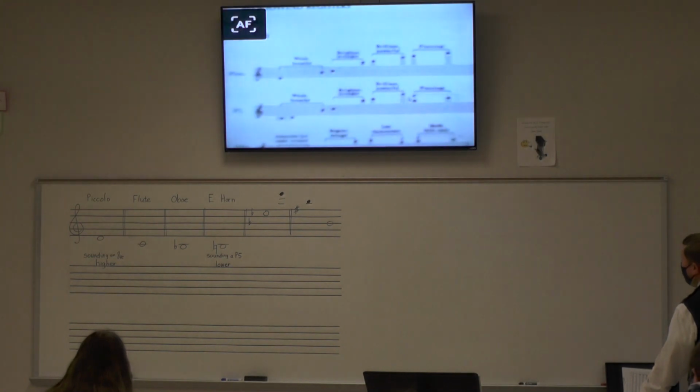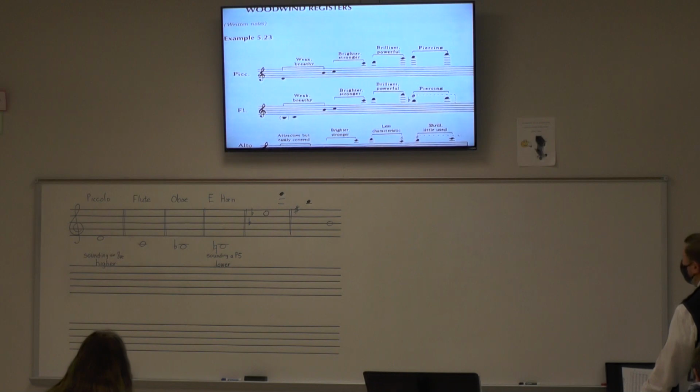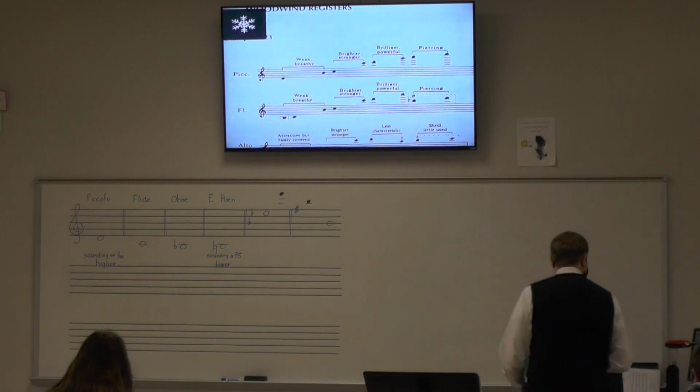I'm just really interested in the top two staves of this chart. This chart is about woodwind instrument registers.